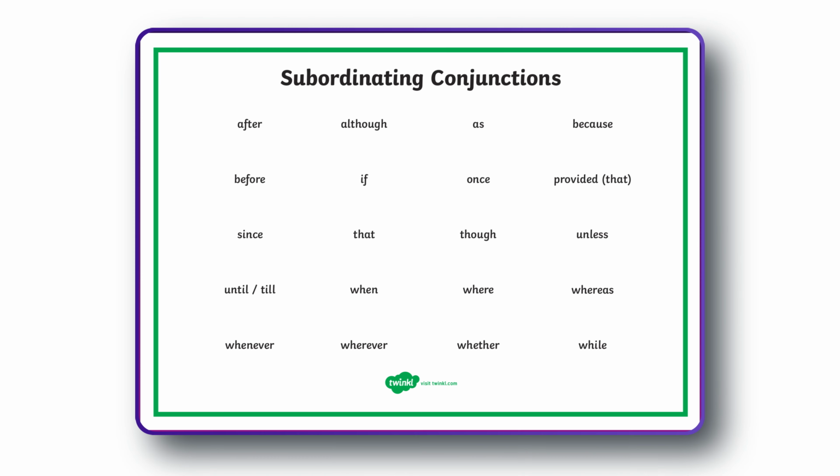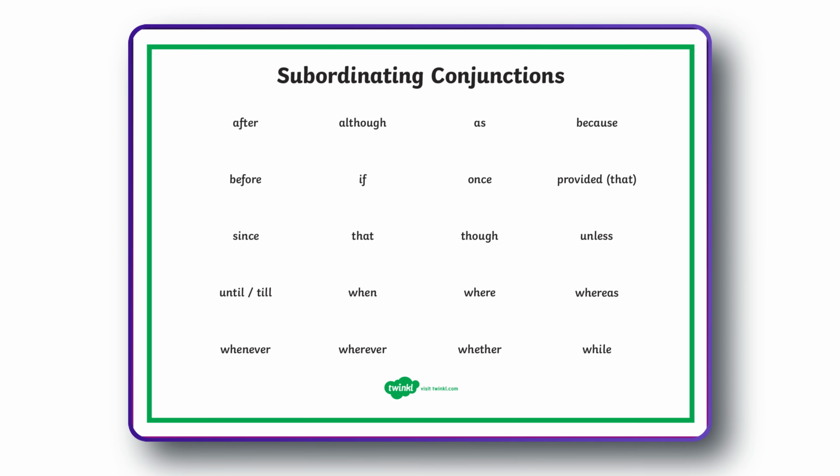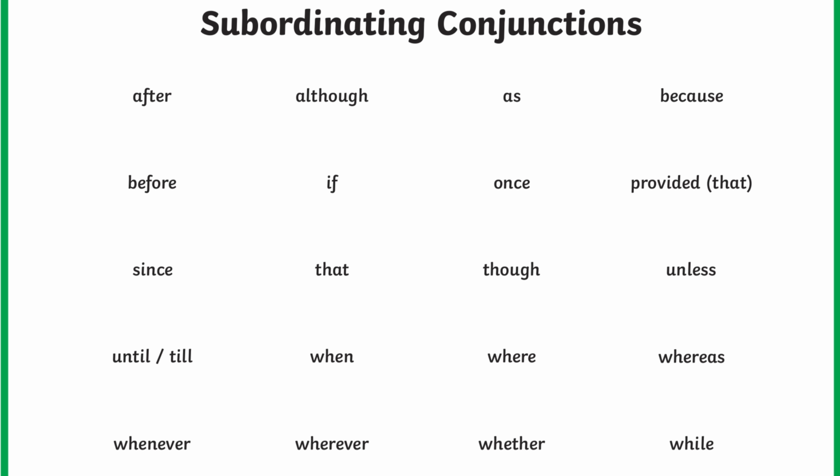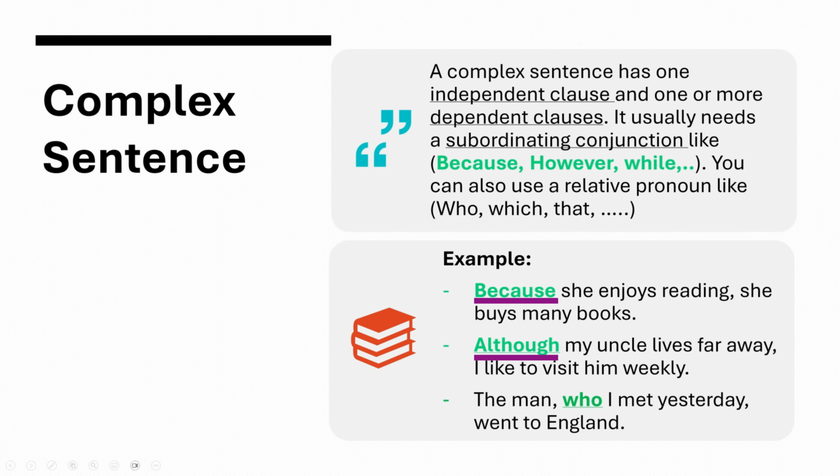But the subordinating ones come only with a dependent clause, like "because" and "although." These are subordinating conjunctions and they are a part of making a complex sentence. So now we took three of them. Also, it's worth noting that when we use a relative pronoun like this one, it's also a part of making a complex sentence. So a relative pronoun could be responsible for making a complex sentence too.